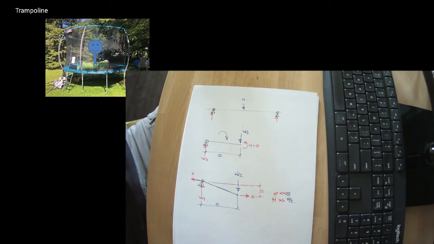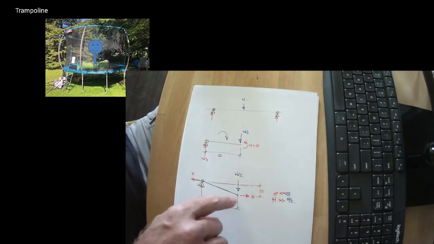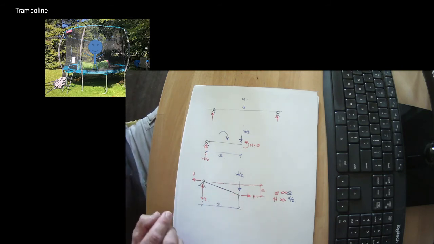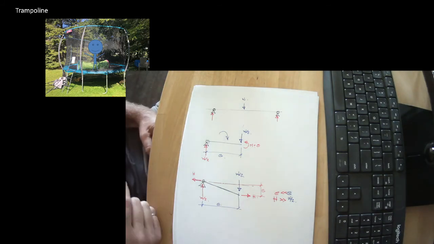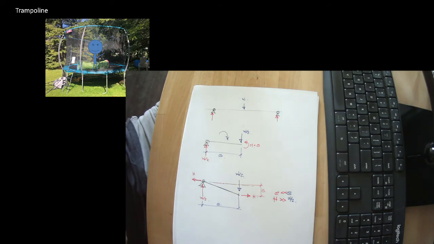So this is a fairly standard catenary type problem. And the thing to bear in mind is that if the vertical load is resisted by a catenary, the horizontal forces are much larger than that vertical load. They might be 10 times as high. And this always catches architects and engineers by surprise.